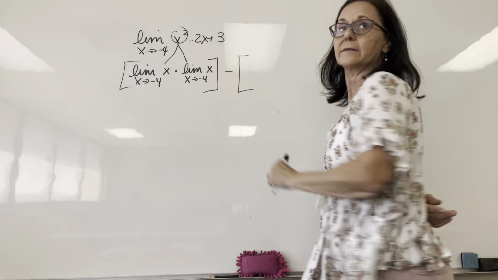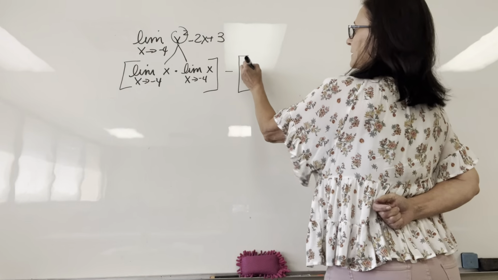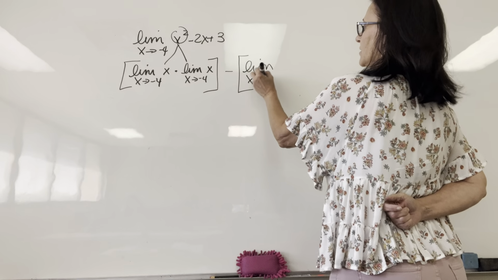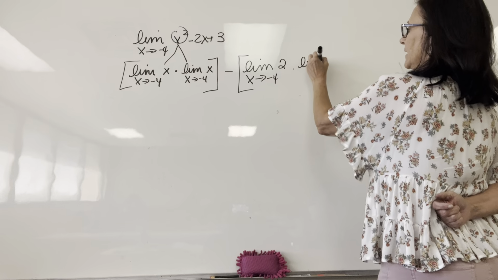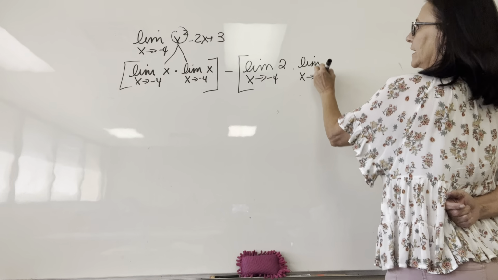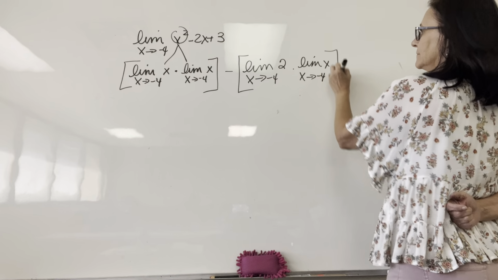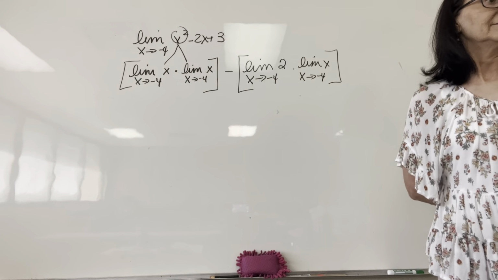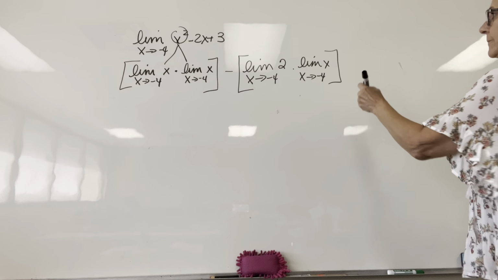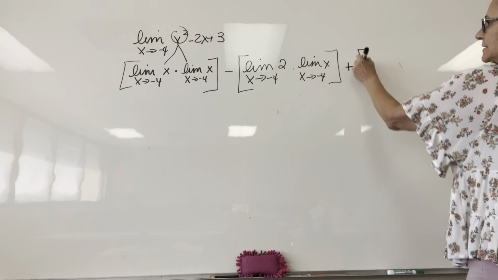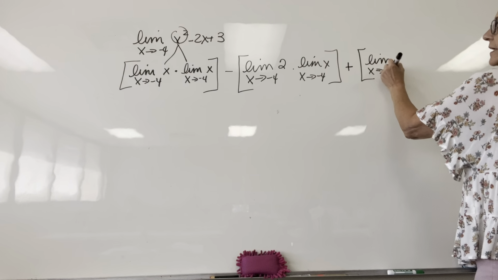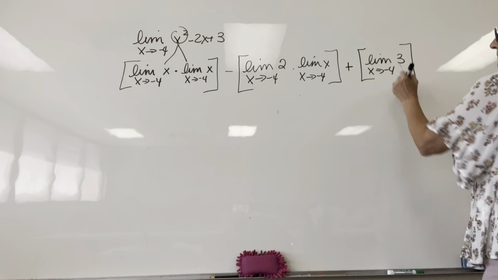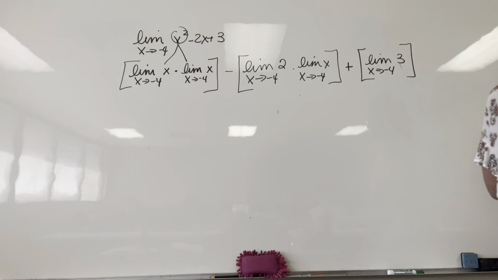All right. Now we're going to do 2x. That's the limit as x approaches -4 of 2 times the limit as x approaches -4 of x. That's that 2x, right? Then we'll do the 3 plus, this is by itself, the limit as x approaches -4 of 3. Then I'm going to show you a much easier way.